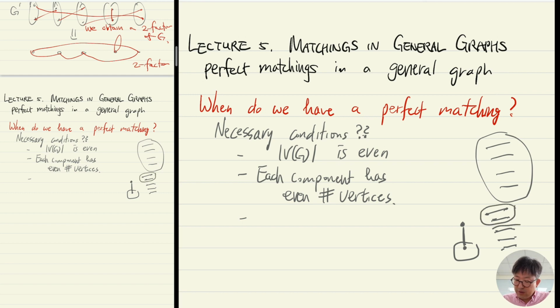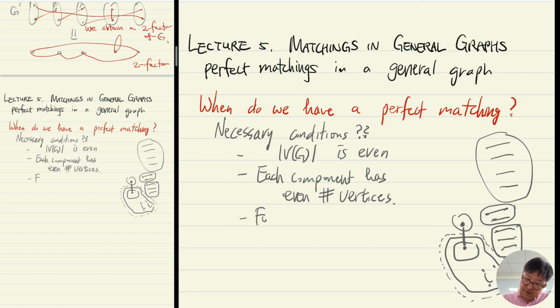Some of the components look like this, some of the components may be over here. What I mean is, if I delete this single vertex, then at most one component has an odd number of vertices, and all other components must have an even number of vertices.